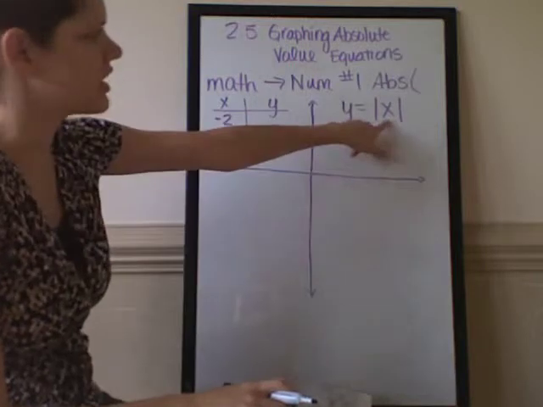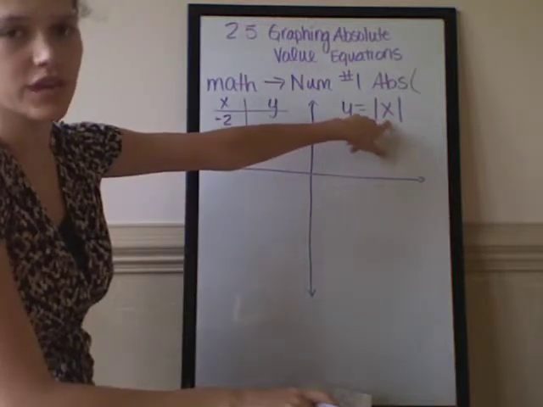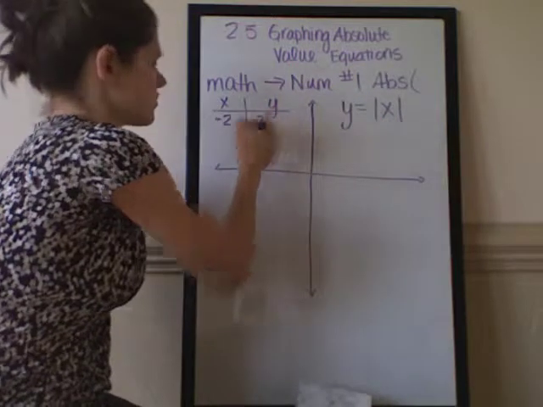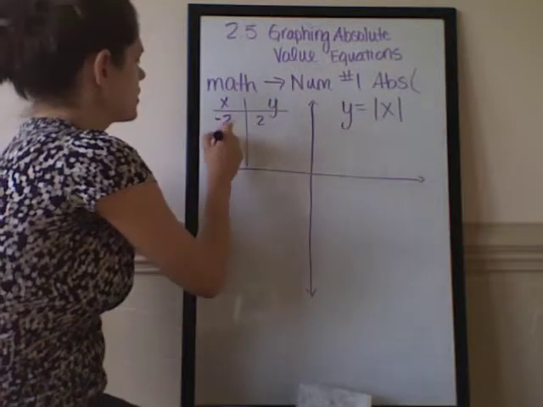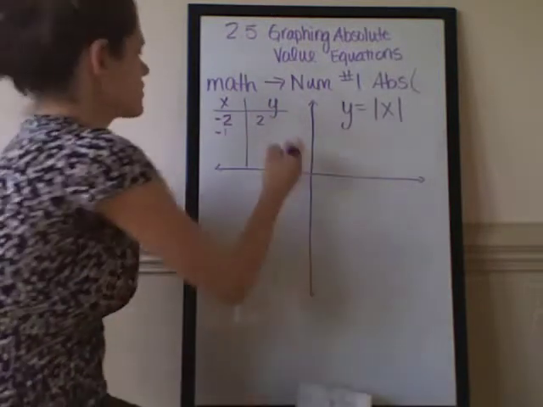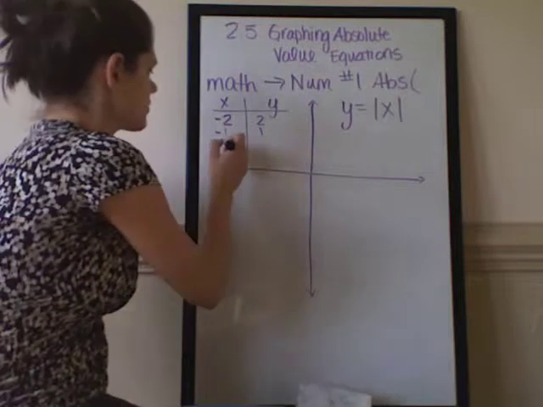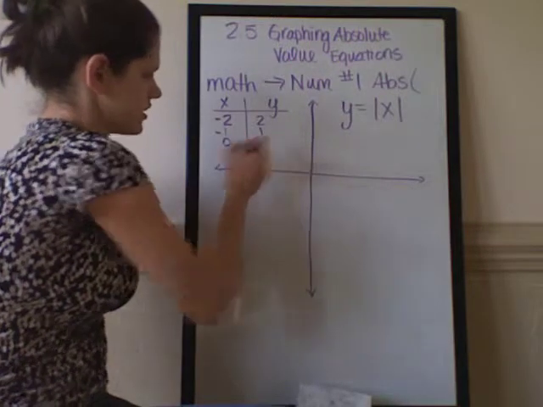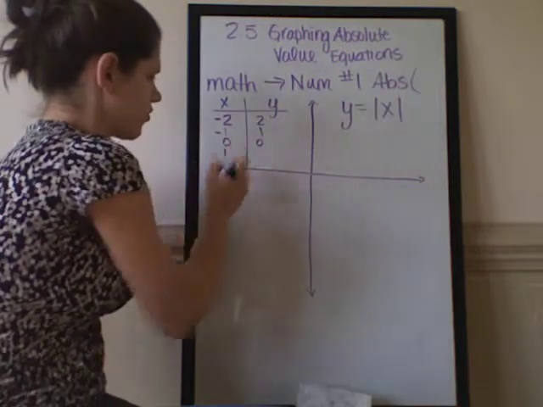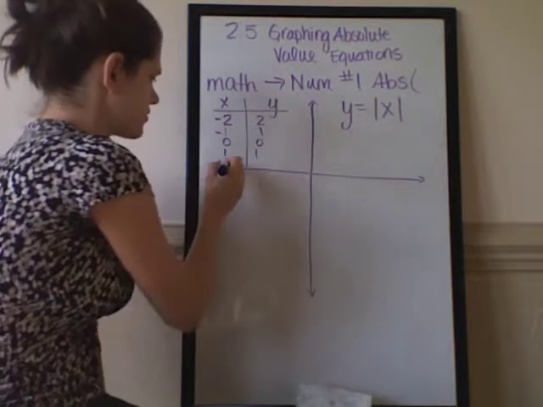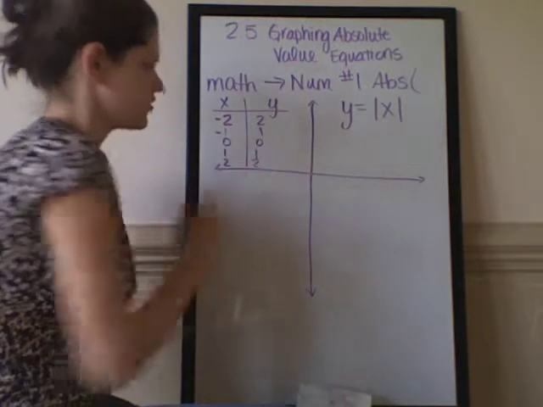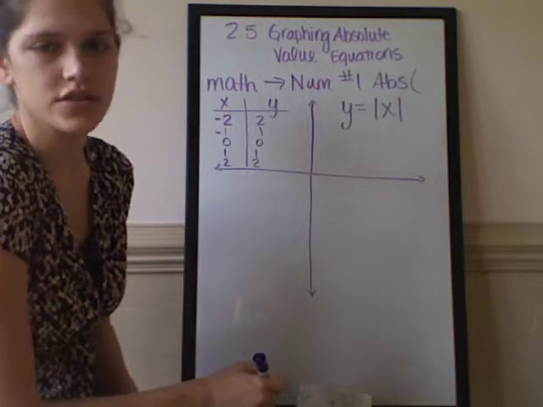If I plug in -2 there, the absolute value of -2 is 2. The absolute value of -1 is 1. The absolute value of 0 is 0. The absolute value of 1 is 1, and the absolute value of 2 is 2. So that gives me some points to start graphing.